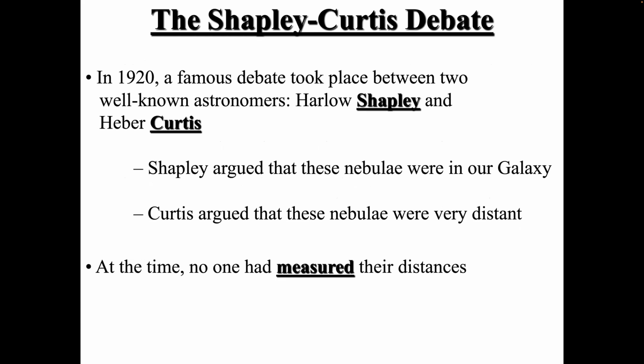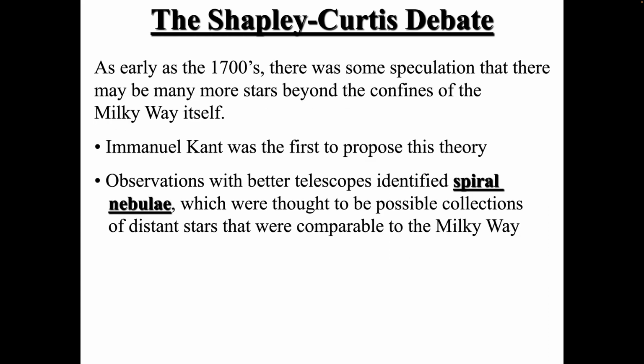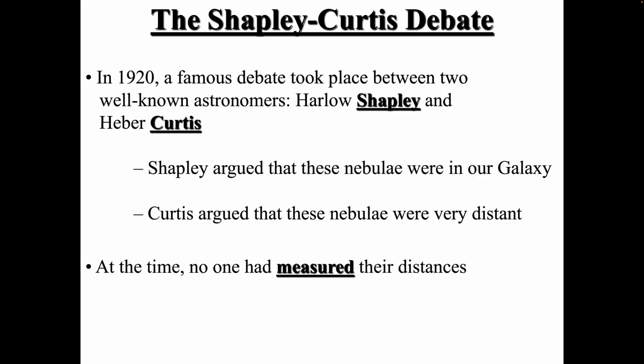And in 1920, there was a famous debate between two well-known astronomers, Shapley and Curtis. So in the 1700s they had these observations, but they didn't know what they were. Then there were two astronomers, Harlow Shapley and Curtis.